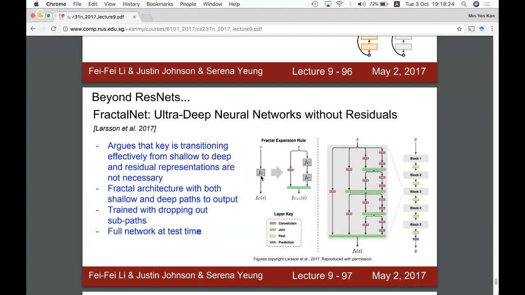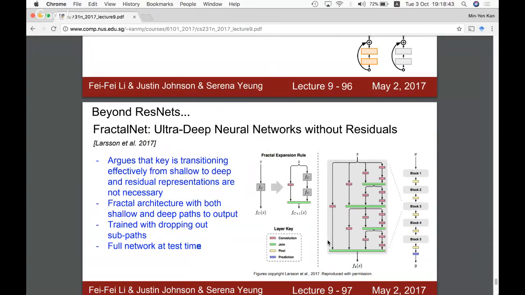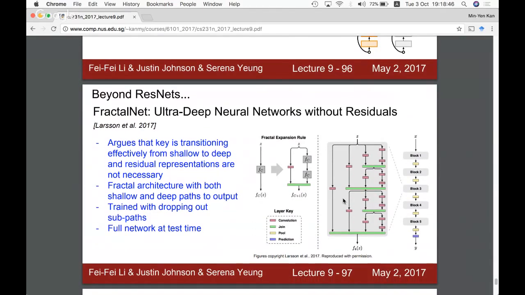Similar to the previous paper that we saw, where they drop out certain subpaths, when training they drop certain layers, and after training they use the full network during test time. So that's the idea behind it.